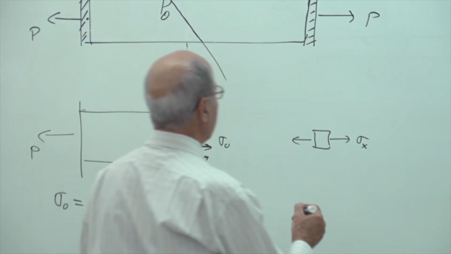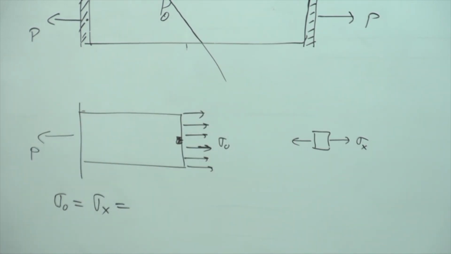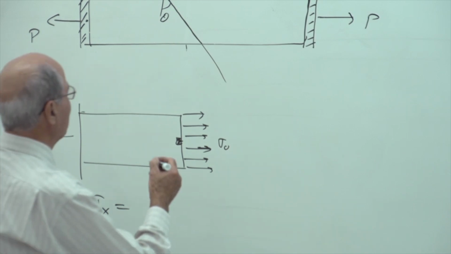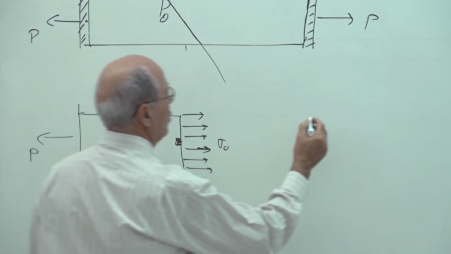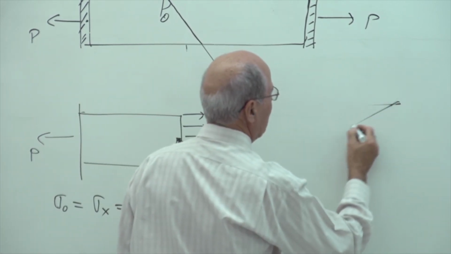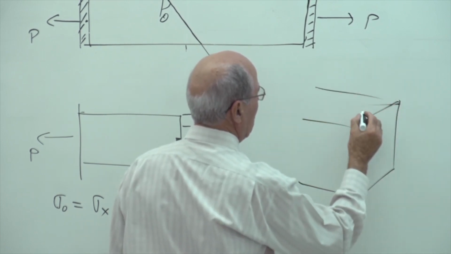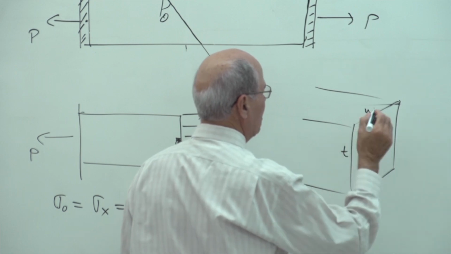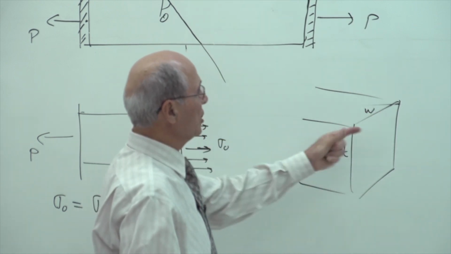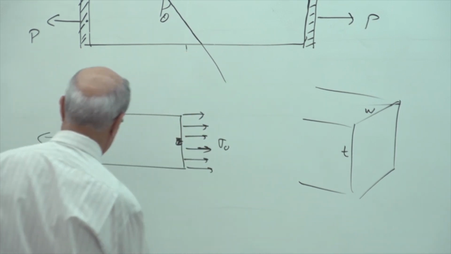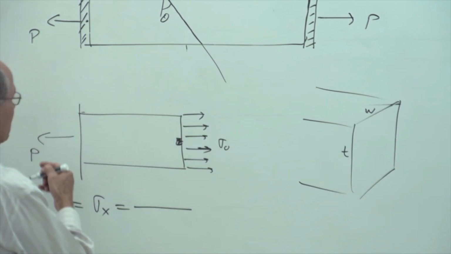Let's assume the area of this cross section. At this time, we just bypass it. Let's say that the cross section of this wood looks like this. This is the cross section of this piece of wood. Let's say this is W and this is T, 8 inches, 4 inches, something like that. So therefore, sigma X equals sigma O equals the force.